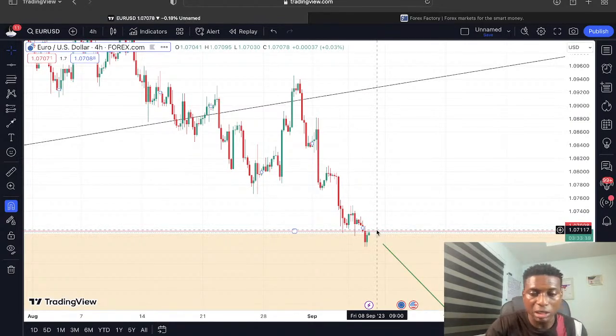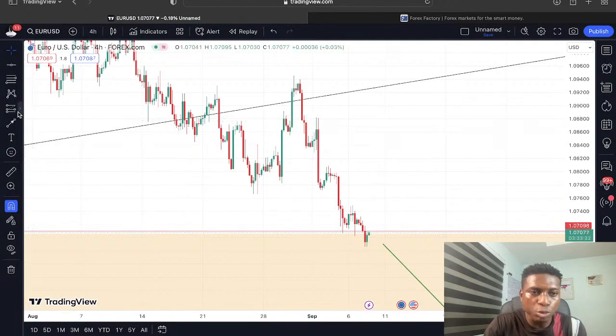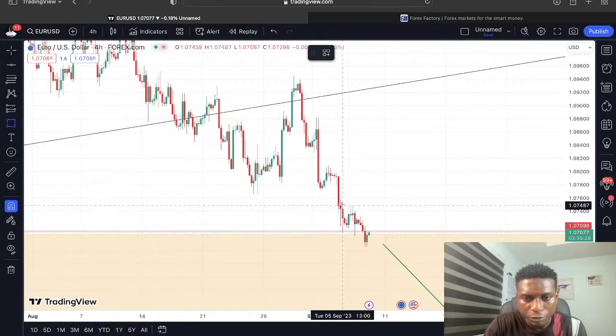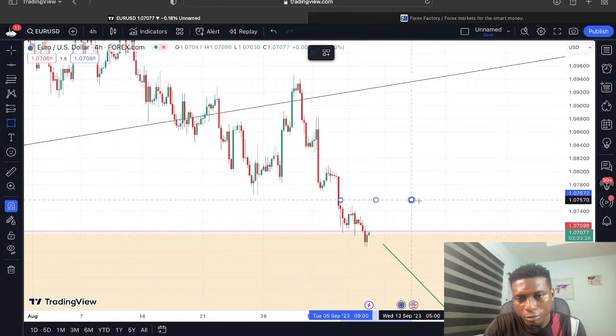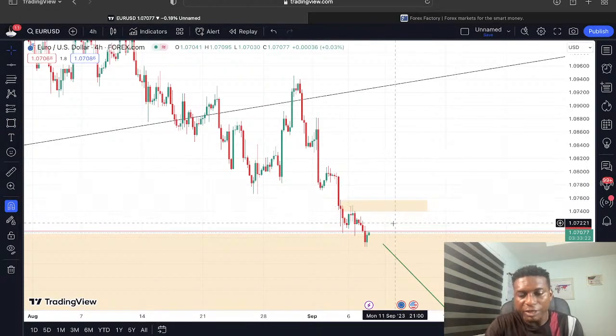Okay, that's for intraday traders. Intraday traders, either you wait for price to get up here, because definitely price would want to come and flex around this level on the 4 hours time frame.